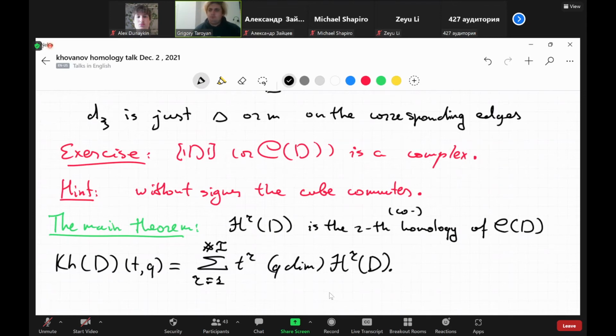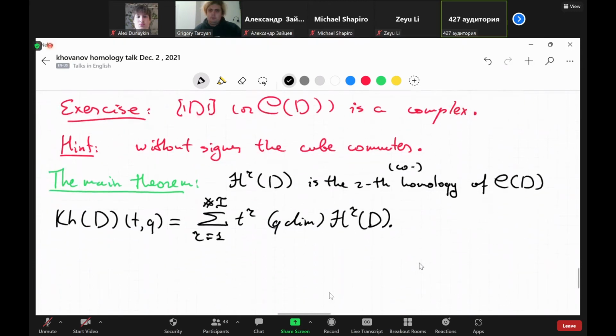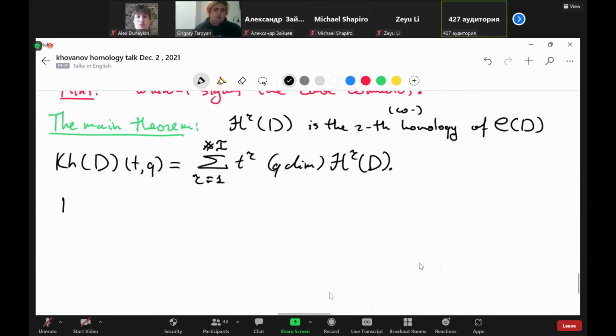Okay. So now, what is the statement of the theorem? Yeah, so the Khovanov polynomial is a link invariant.